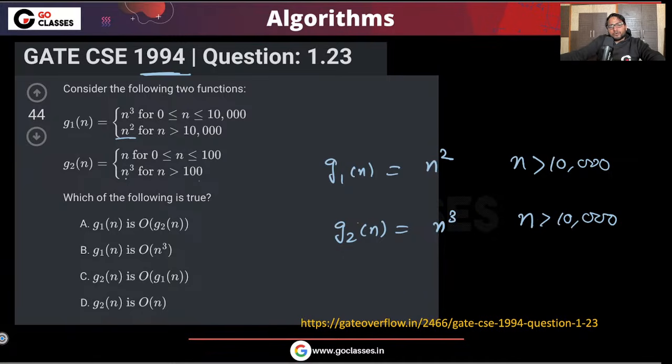Now this is a very easy question. So basically this G1 is O of G2, right? Since this is O, so that's why G2 is G1 O, no. Okay, G1 is order of n cube, no. G2 is order of n, no. So I think only A is the correct answer.